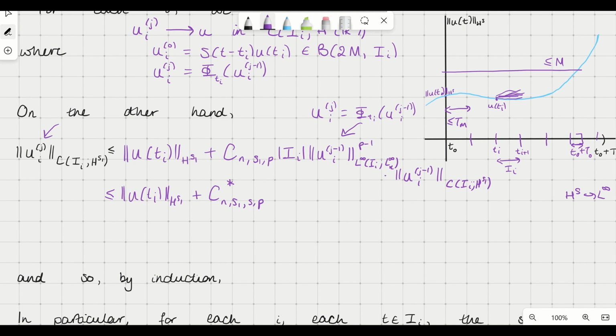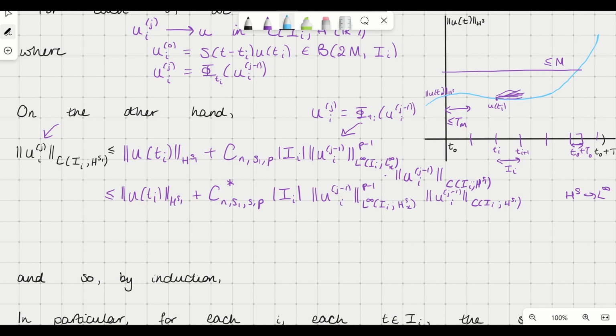Call it C(n, s, s1, p) star. So this is the constant that was used to define the width of I_i, multiplied by the width of I_i, the norm of u_i^{j-1} in L infinity into H^s_x, not H^{s1}, times u_i^{j-1} in C(I_i, H^{s1}).